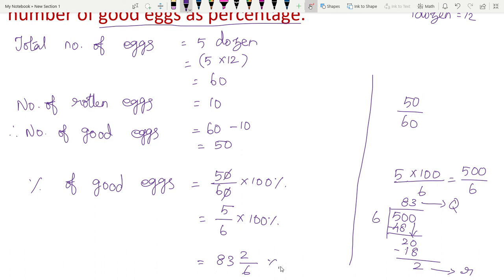We can write it as 83 1 by 3 percentage. How it will be? 1 2 is 2, 3 2 is 6. So we can write 83 1 by 3 percentage. What's that? Percentage of good eggs, which is equal to 83 1 by 3 percentage. Okay.